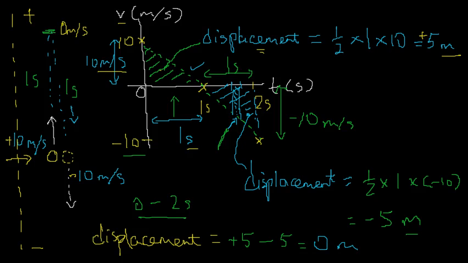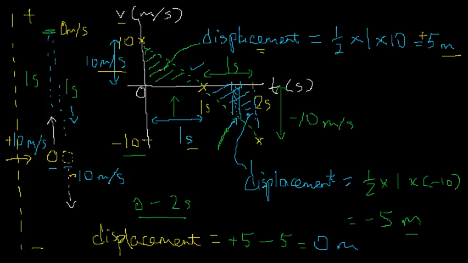But does that make sense? 0 meters? This ball has gone up and come down and the displacement is 0 meters? Well, actually, yes, because if you remember, with the overall distance, displacement is always obtained by joining the starting point directly to the final point.